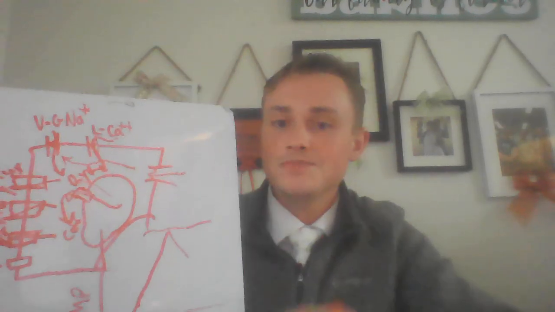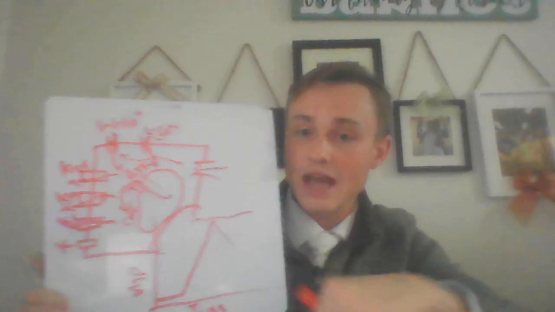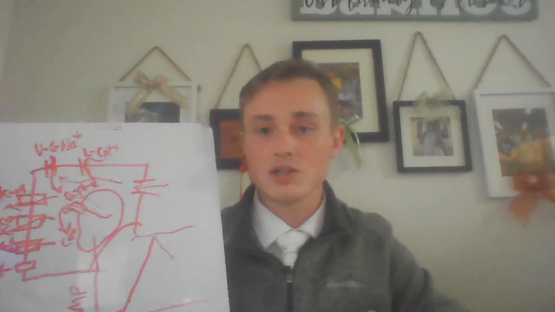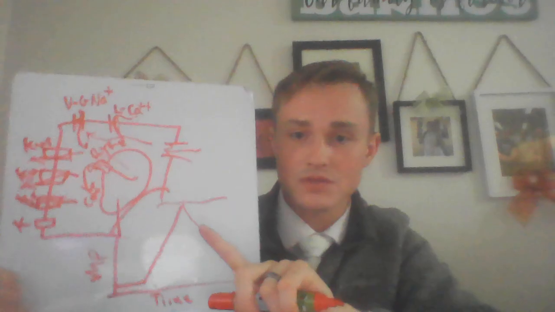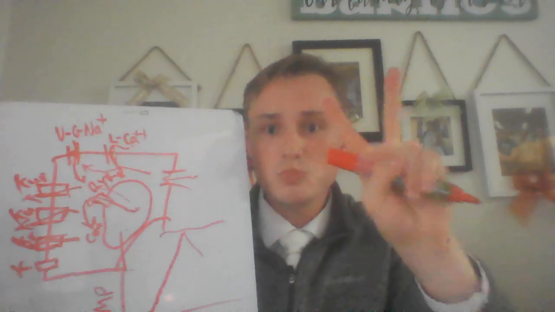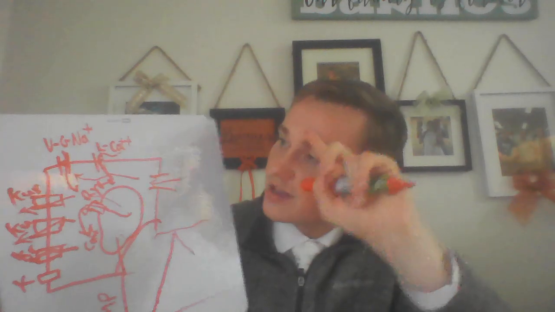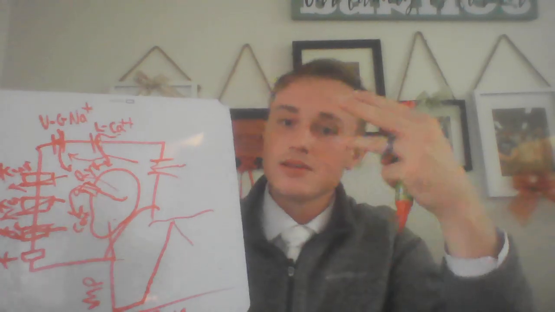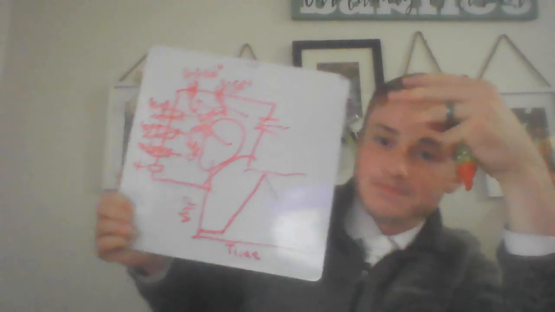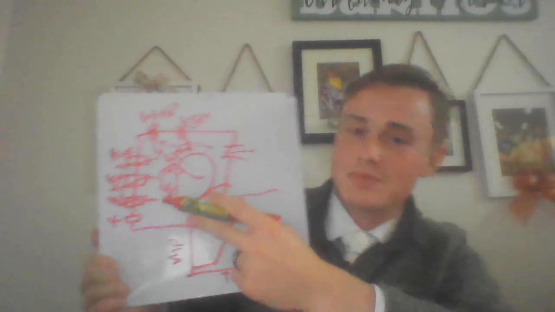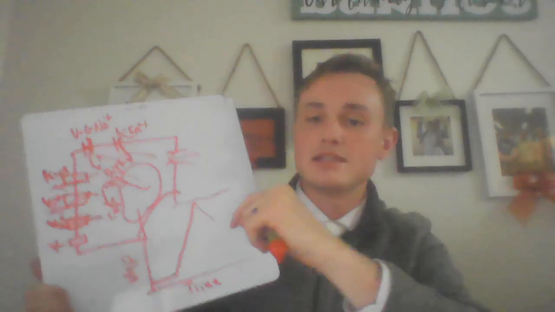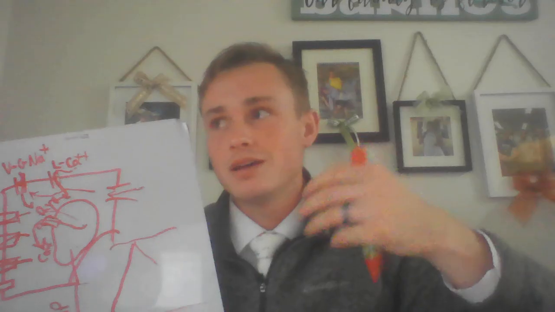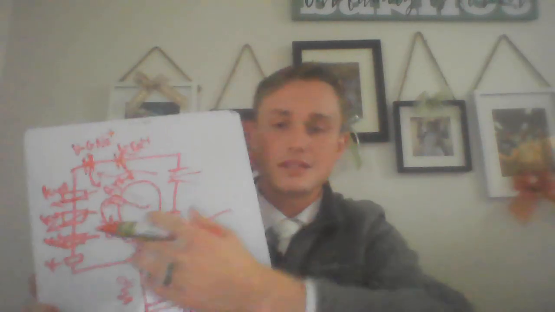And 3 potassium going out of the cell is only a net -1 when it comes to charge, because we have 2 plus positive calcium ions coming into the cell and 3 plus potassium ions leaving the cell, essentially adding -3 to the inside of the cell.